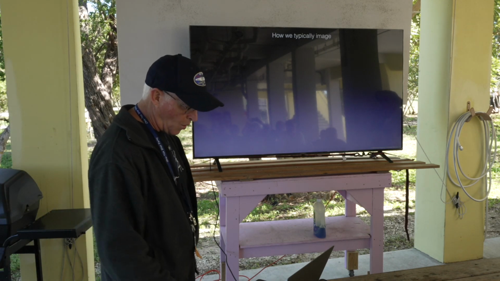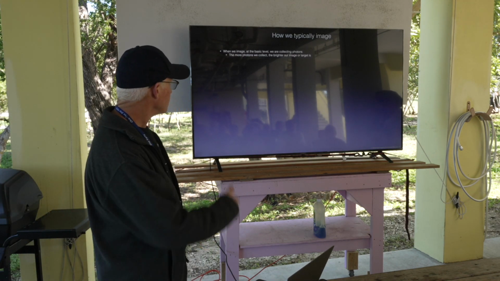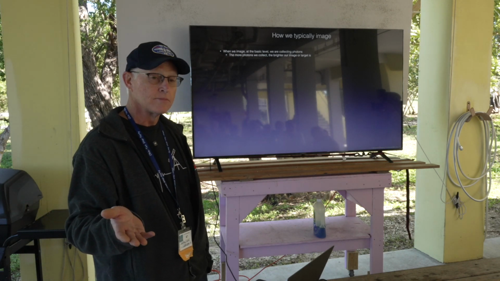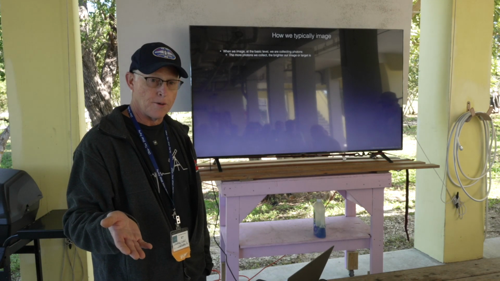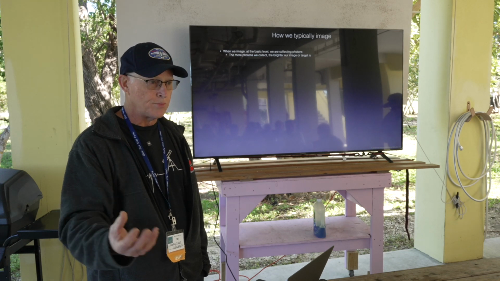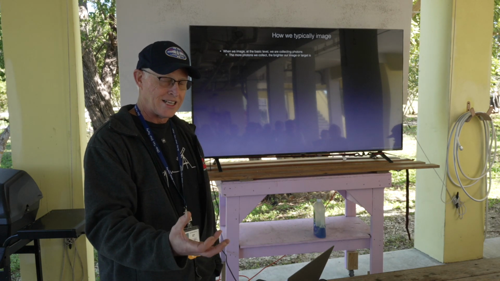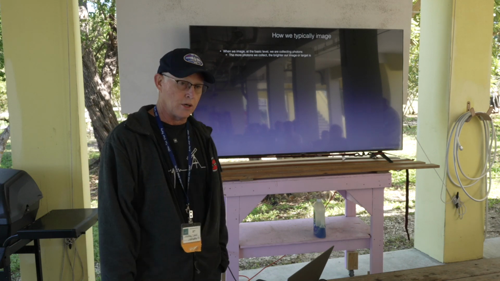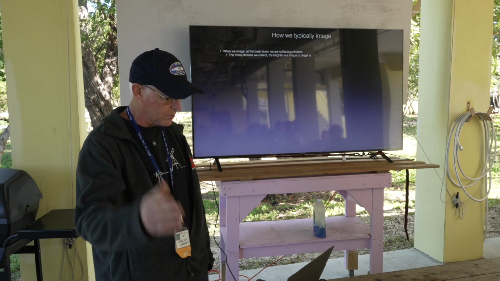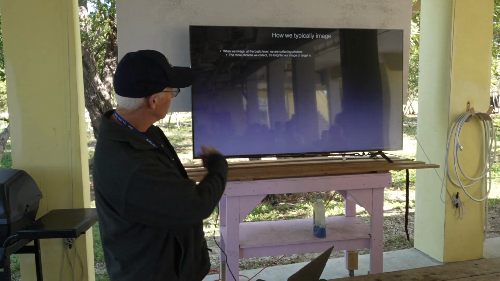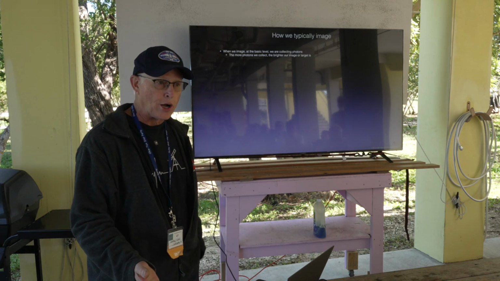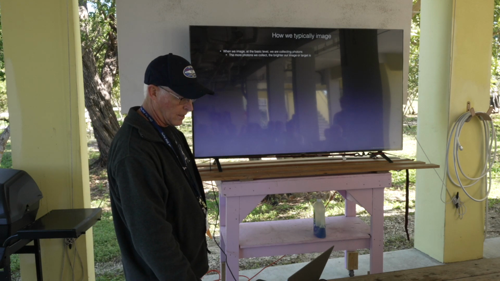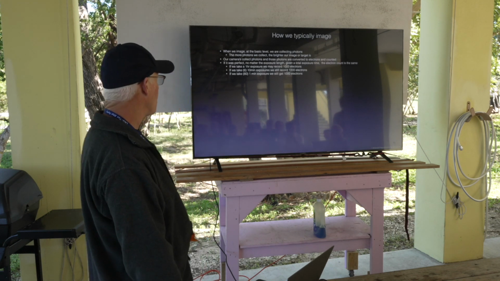So a little bit about how we typically image. At a basic level, all we're doing is collecting photons, right? Photons come in through our telescope, and our detector detects them and changes them into electrons that are read out digitally by our camera. The more photons we can get, the brighter our image is and the more detail we can see. That's really the goal.